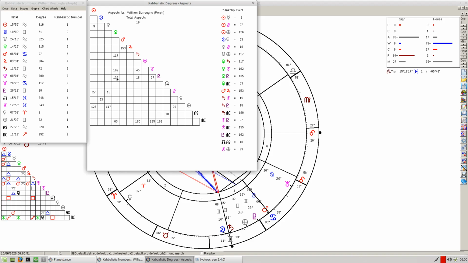And by reading across you'll see that Neptune is in a semi-square with Saturn, and Saturn forms degree relationships with Pluto, and Neptune forms a degree relationship with Pluto as well. We'll see how that works out later in the module.